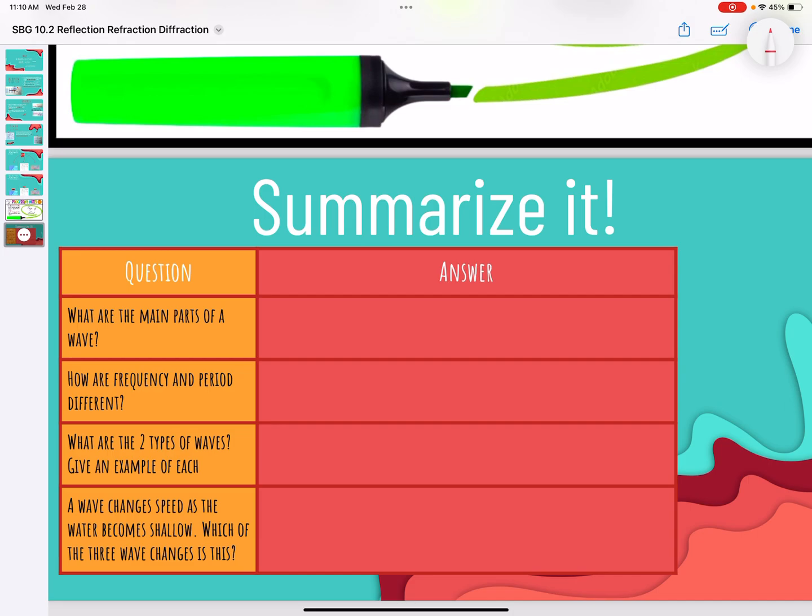So what are the elements of the wave that you should be able to identify? How are frequency and period different? What are two different types of waves? I gave you two specific types of waves in the first section. And then if a wave is changing its speed as the water becomes shallow, which of the three wave changes does this describe? You should be able to answer those 4 questions in your notes today.